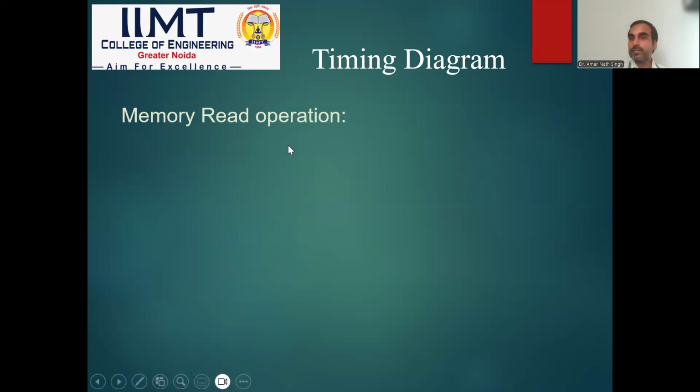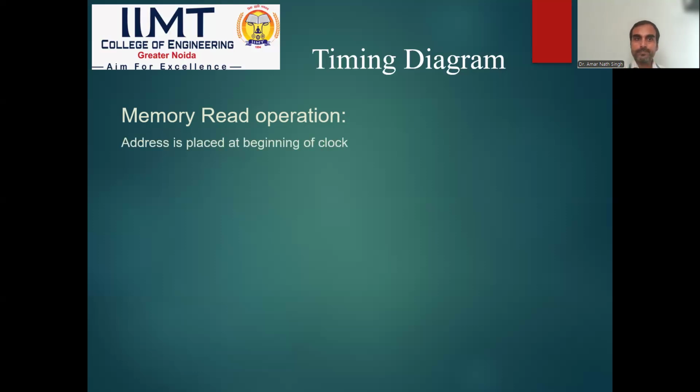The memory read operation means you are performing some operation on the memory. It is a non-destructive operation, where you are not making any changes, so the data can be read multiple times.